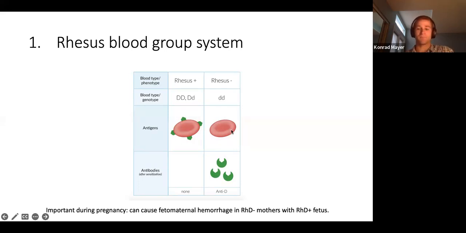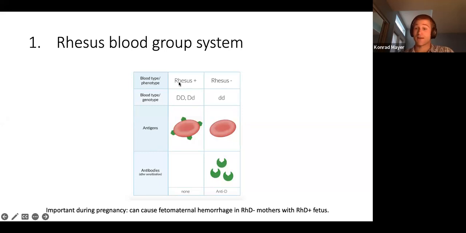But to summarize, they have the same idea, and it is very important to just remember that patients aren't going to fight their own blood, so you have antigens and antibodies against everything else. The majority of people are Rhesus positive, especially in Asia.